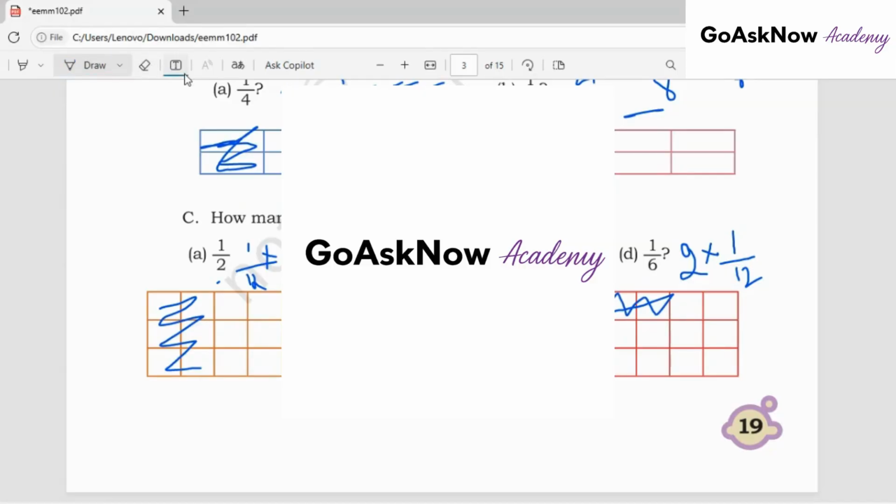The answer for the first is 6 by 12, next 4 by 12, here 3 by 12, here 2 by 12. How do we make the value? By taking the denominator: what value do we multiply to get 12? 2 into 6 is 12, 3 into 4 is 12, 4 into 3 is 12, and 6 into 2 is equal to 12. That's all for this.